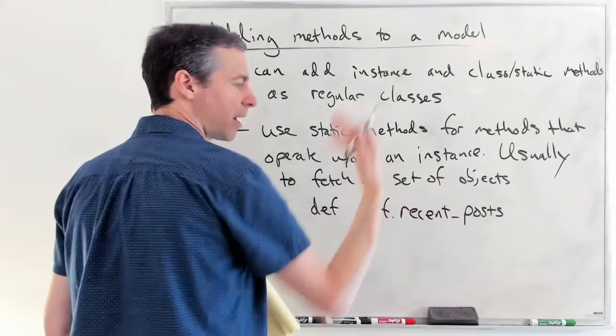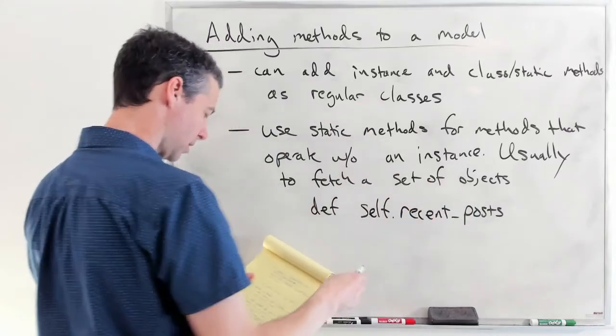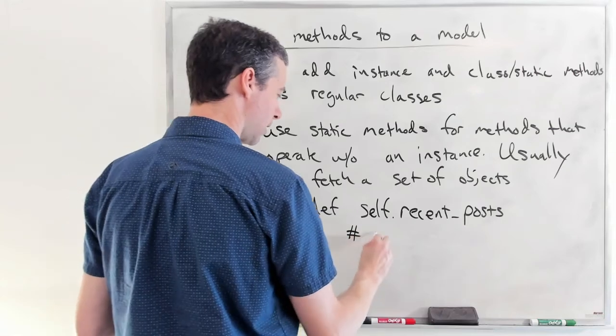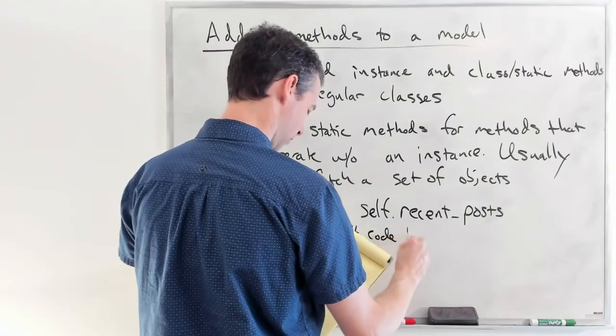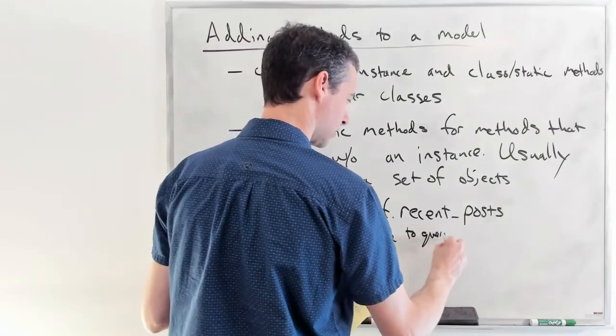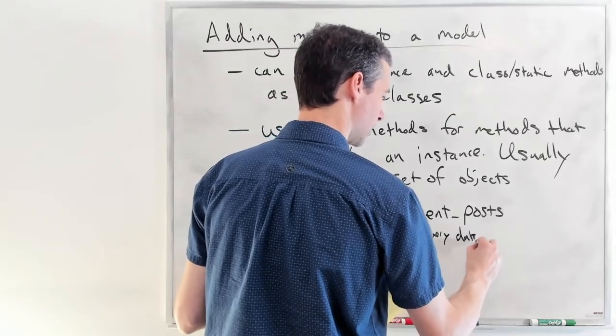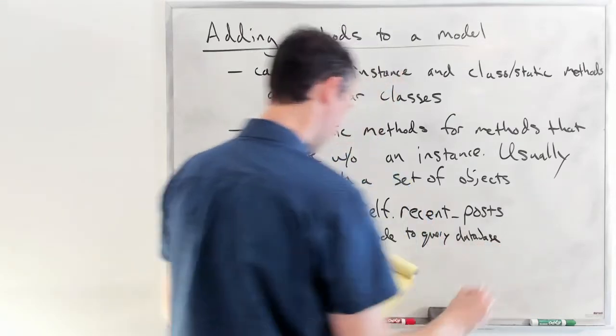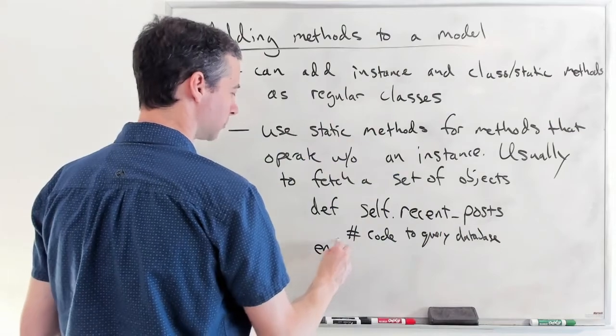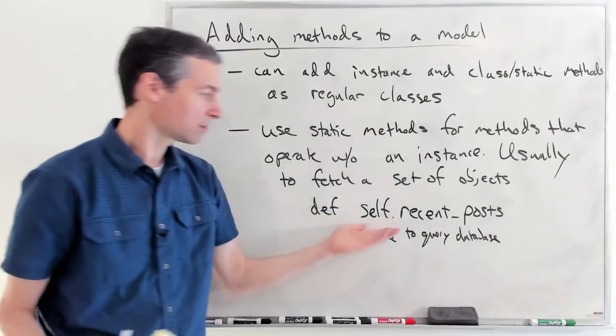And I have some logic with recency there. And so inside of here, I write some code to query the database and get back the posts that I want, and I return them. This is a static method.